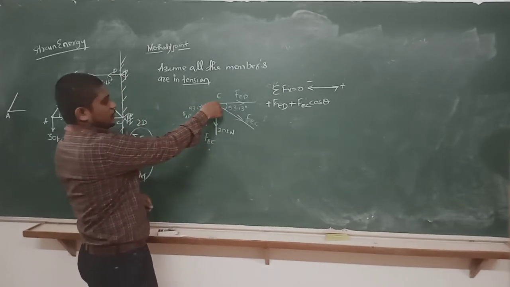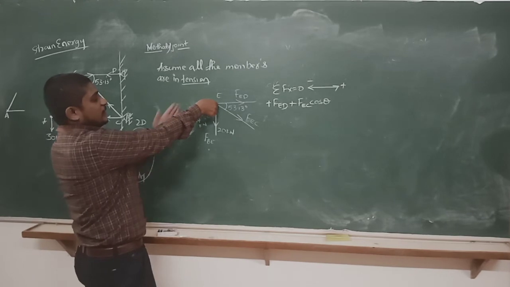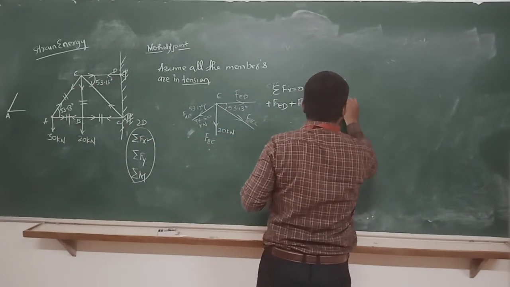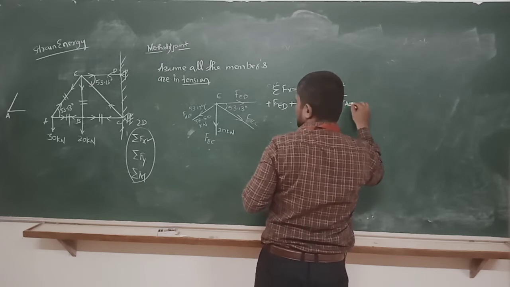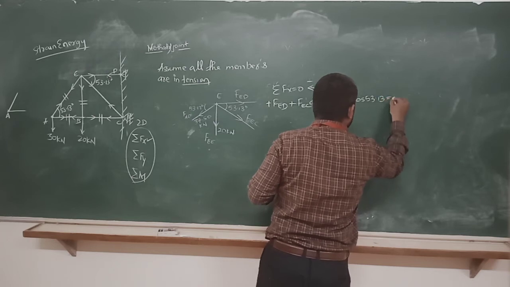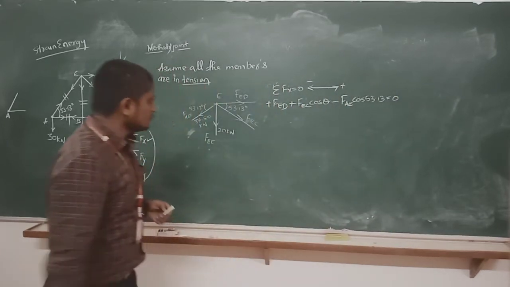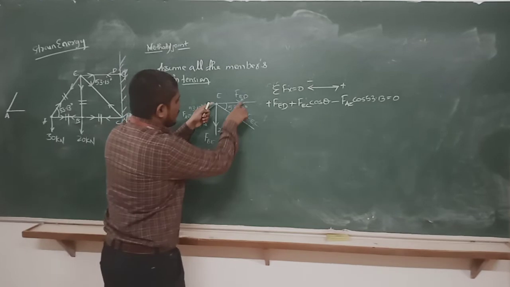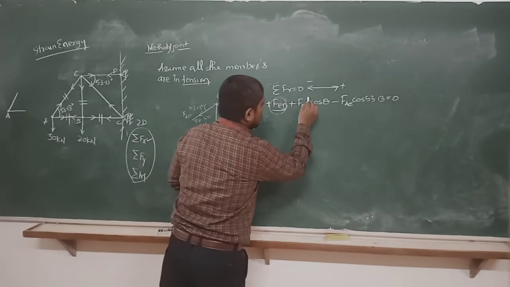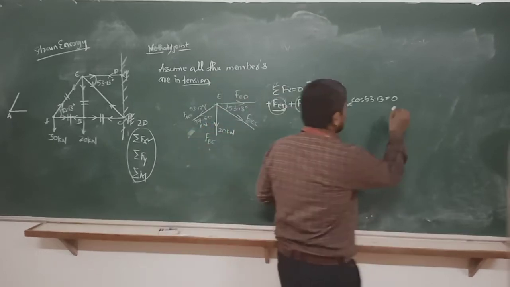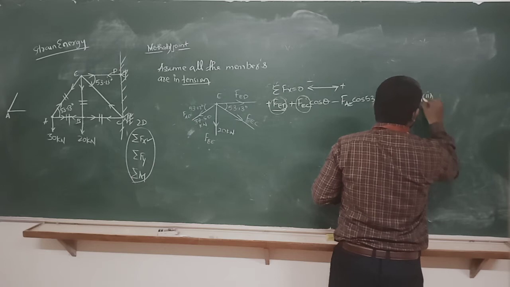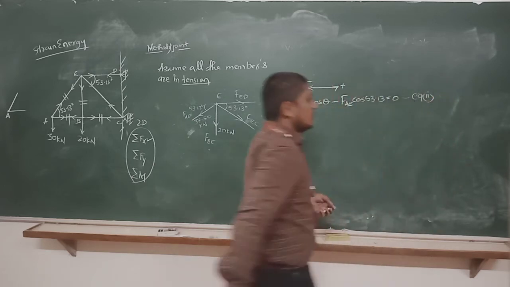This force is also rotating towards the theta, but the direction is left-hand side, so it will become minus FAE cos 53.13 is equal to 0. Now see, FED is also an unknown value, FEC is also an unknown value. Keep this as equation number 2.